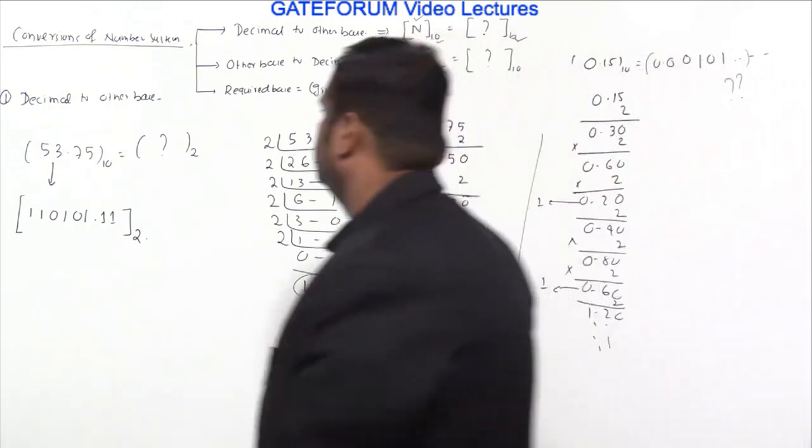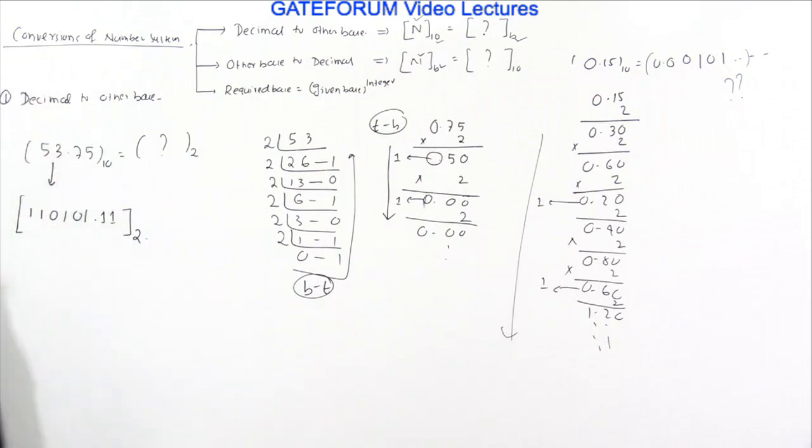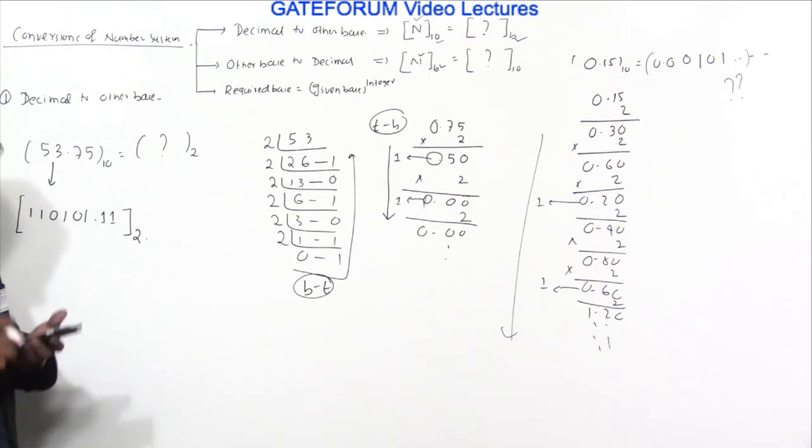So the conclusion is, it is always possible to get the exact equivalent of an integer, but to get the exact equivalent of a fractional part, that may not be possible.